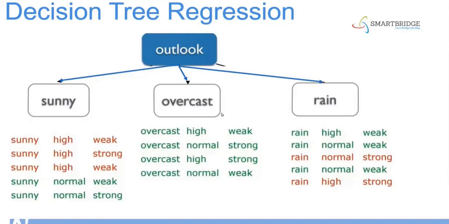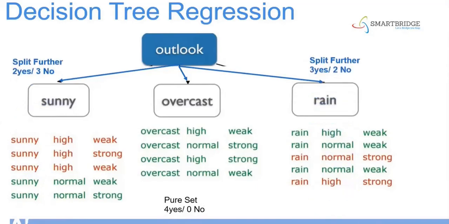So you need not split this overcast again, because you can see all the values are yeses. But whenever it comes to sunny and rain, you have yes as well as no together. Yes. That's the reason you have to split the sunny node and rainy node further.